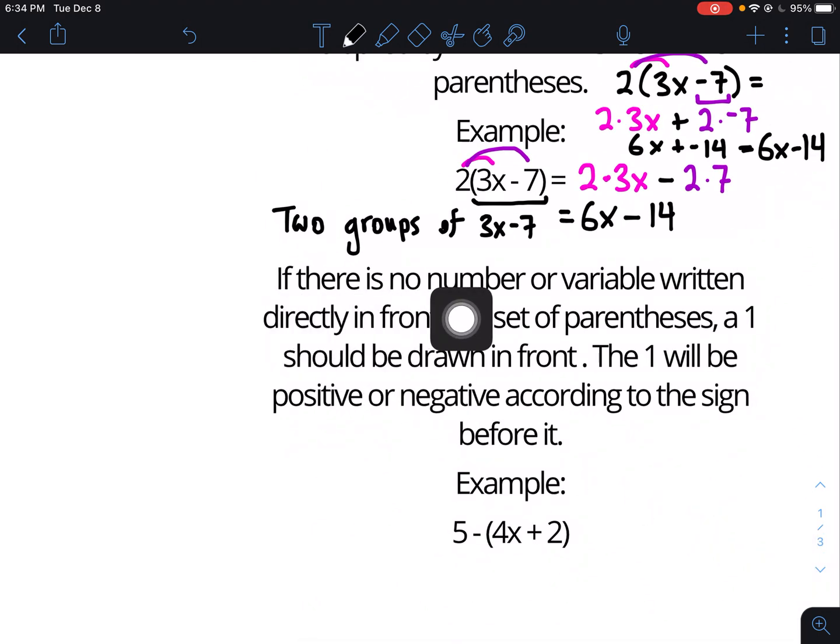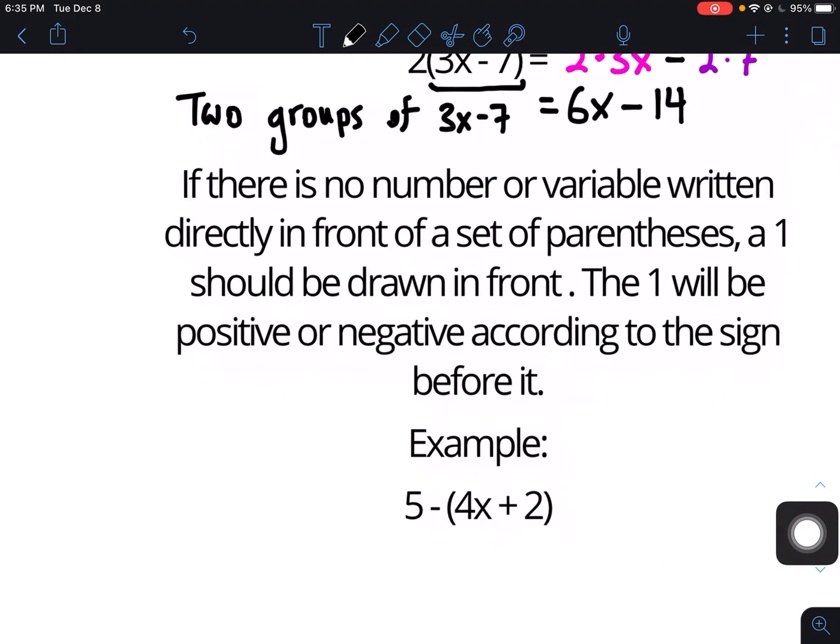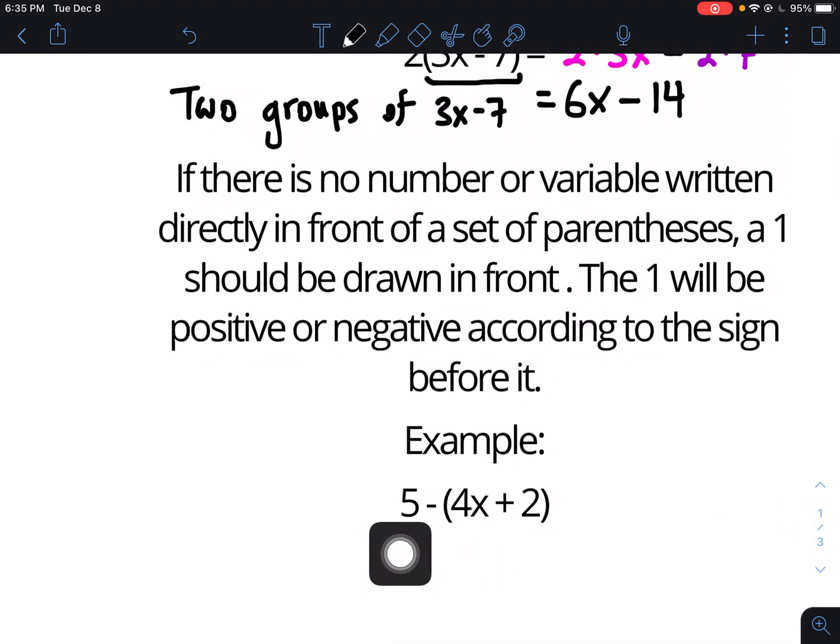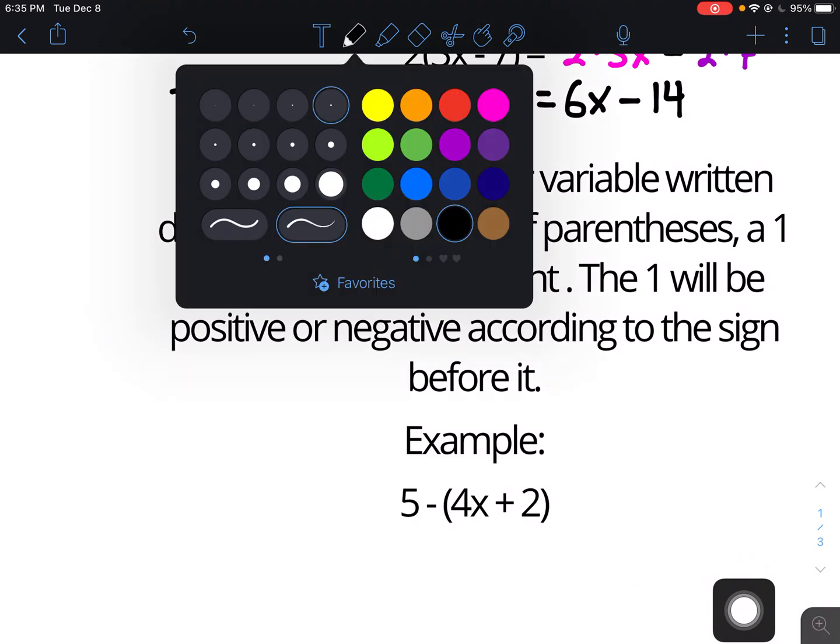If there is no number or variable written directly in front of a set of parentheses, a 1 should be drawn in front. The 1 will be positive or negative according to the sign before it. For example, if we had something like this, 5 minus, nothing's there, times 4x plus 2, we could put a 1 there.